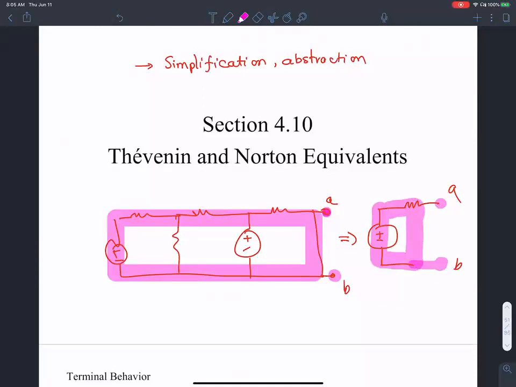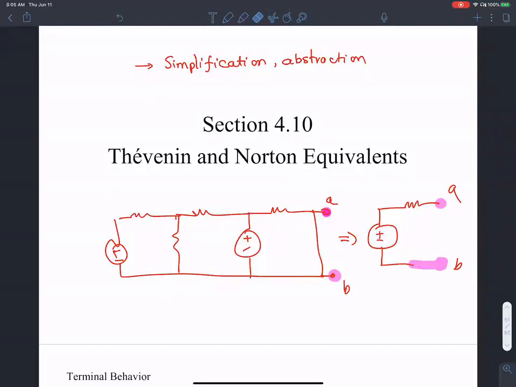That is the idea of Thevenin's equivalent: a voltage source in series with a resistance that behaves exactly similar, in terms of the terminal behavior in all respects, to the underlying circuit.